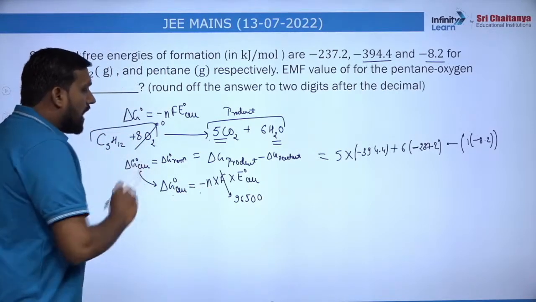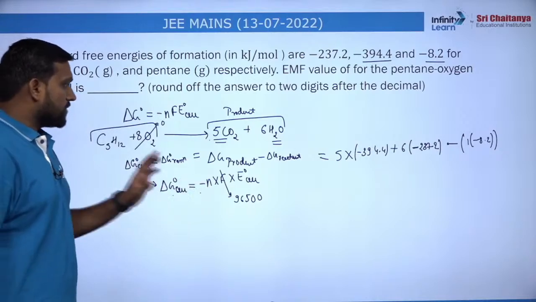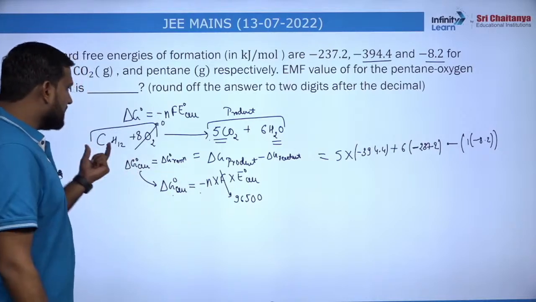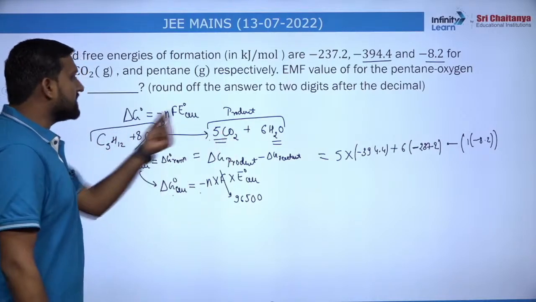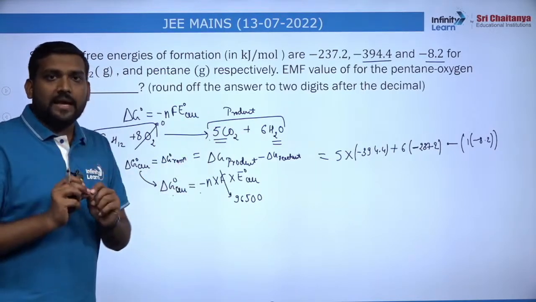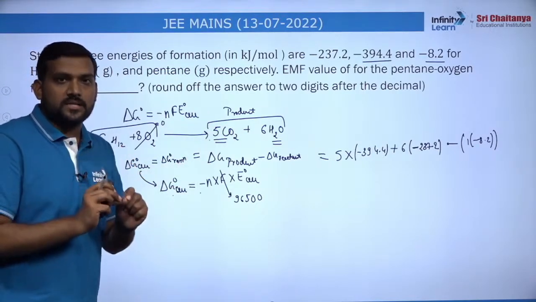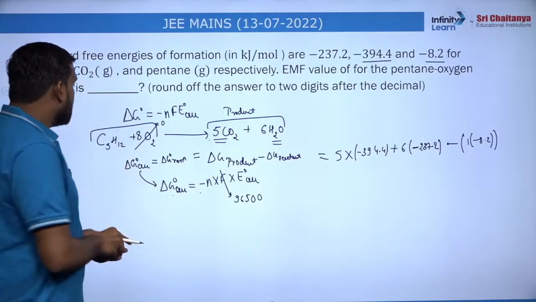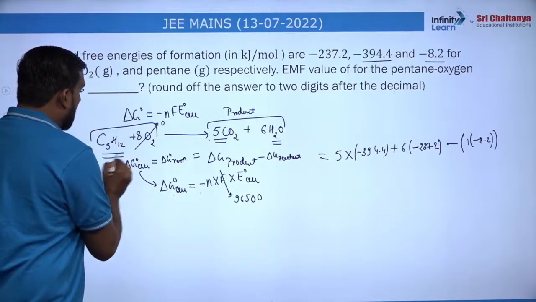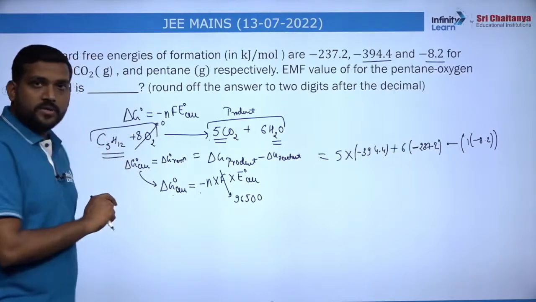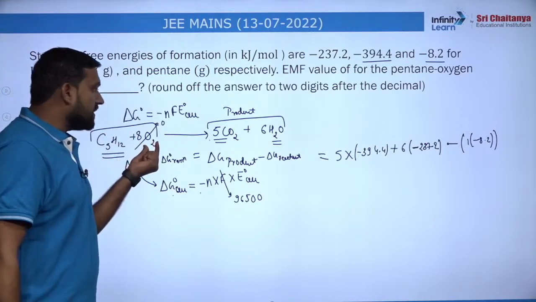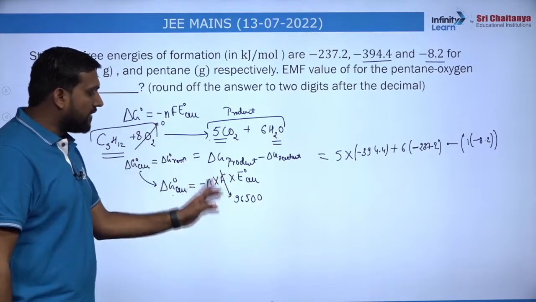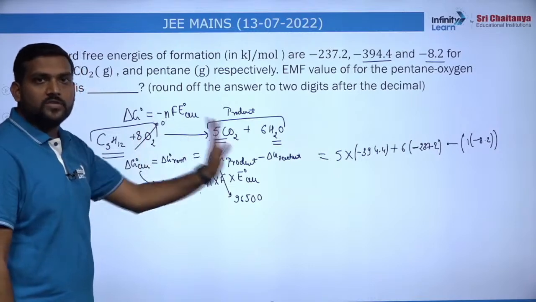Now how do we calculate the n factor? Remember, in this type of question it's always easier to pick an element which is in elemental state. What I mean by that is, if you pick carbon or hydrogen, you have to calculate individually for each. But if you pick oxygen, you can easily calculate the n factor without going into individual calculations.